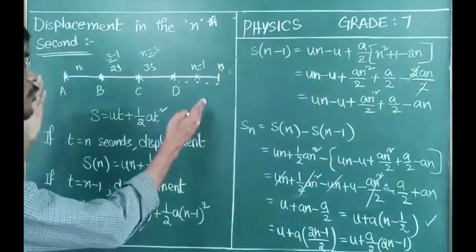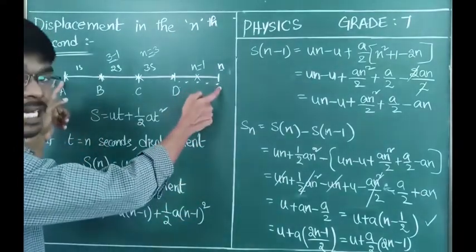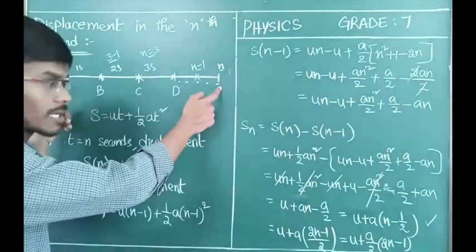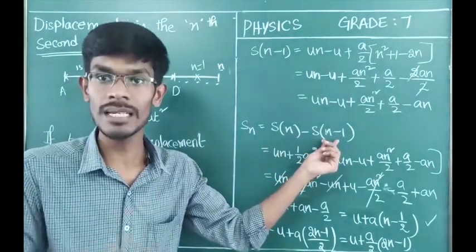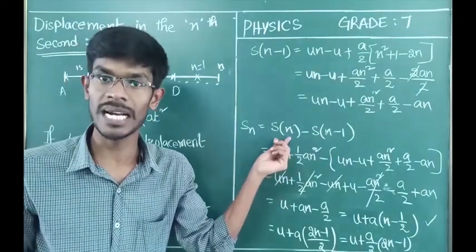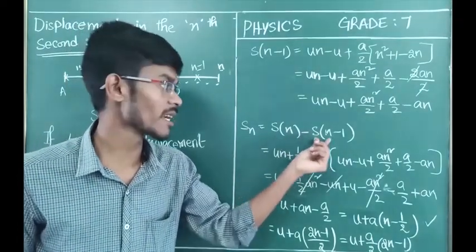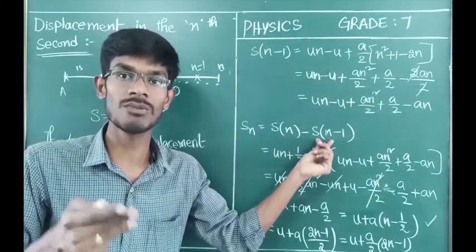For our formula formation, we took the total displacement travelled in n seconds minus the total displacement travelled in n minus 1 seconds. S of n represents the total displacement travelled in n seconds. S of n minus 1 represents the total displacement travelled in n minus 1 seconds.